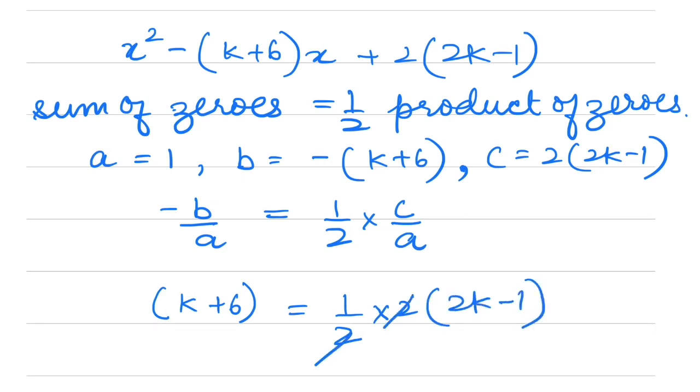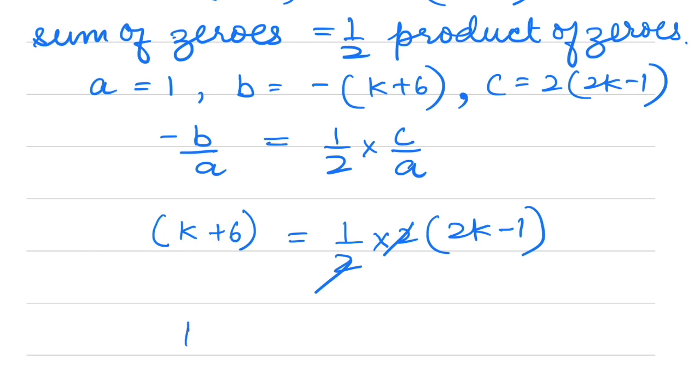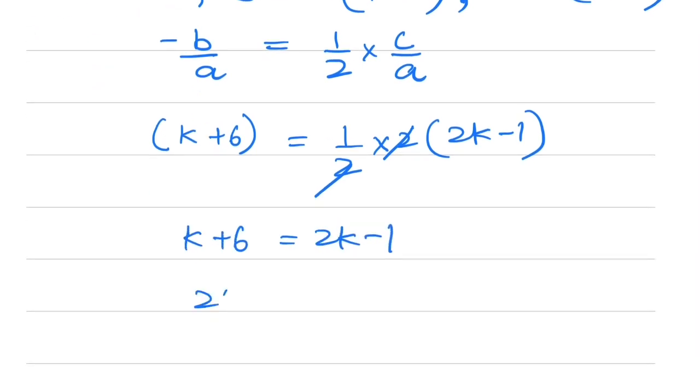So we can cancel these and we get k plus 6 is equal to 2k minus 1. 2k minus k is equal to 6 plus 1. So k is equal to 7.